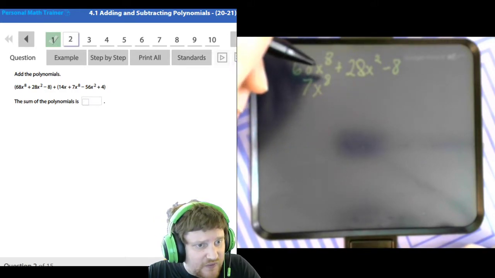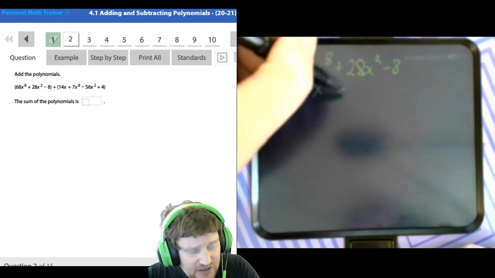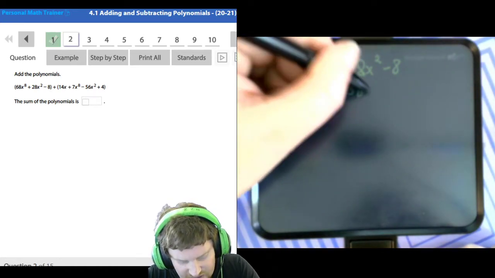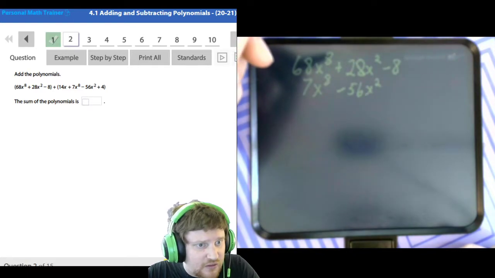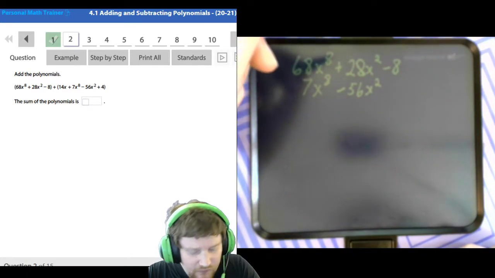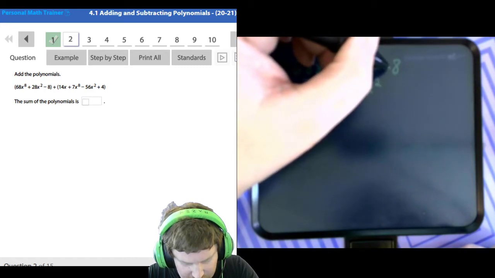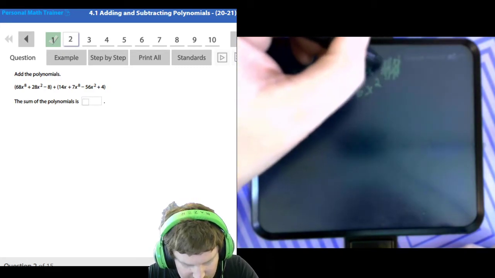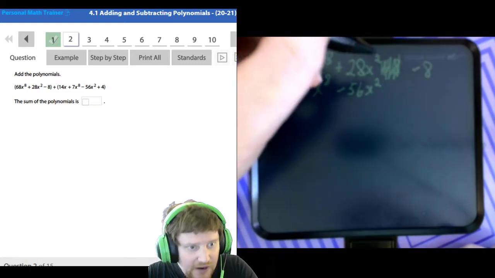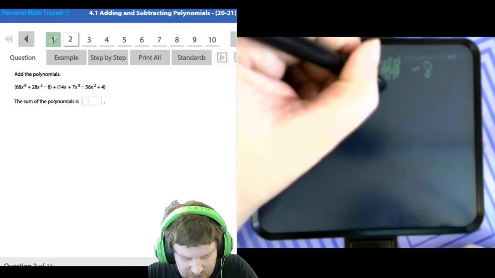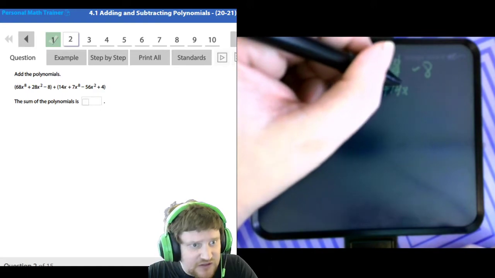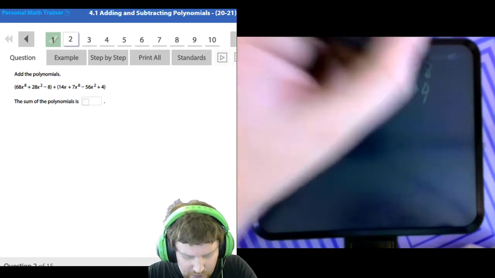And then I have 56x squared, but that's negative, so minus 56x squared. Then it looks like I have a 14x, so I really should have left a blank space here. I'm going to do that now, and push this negative 8 further out. So I have plus 14x plus 4.